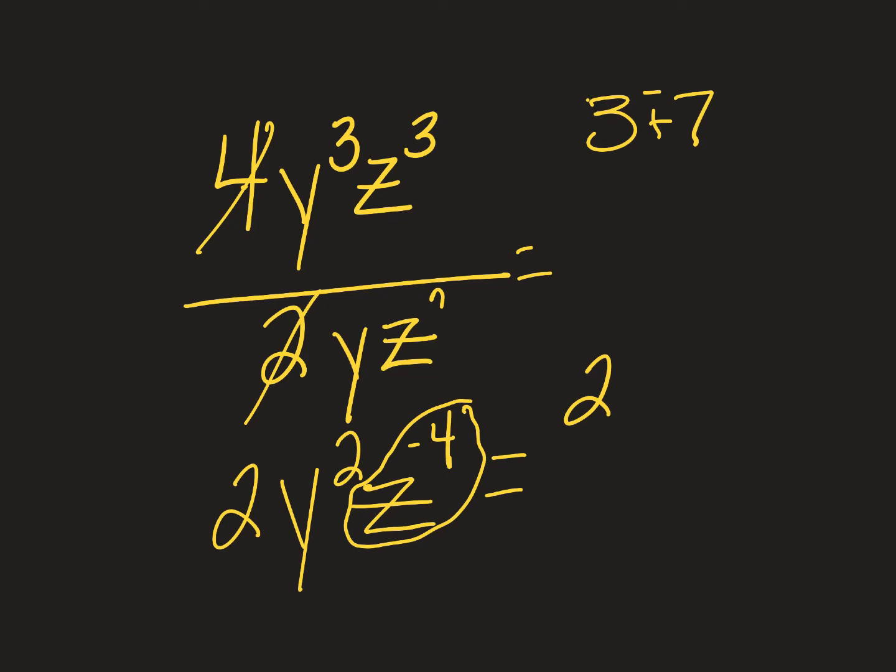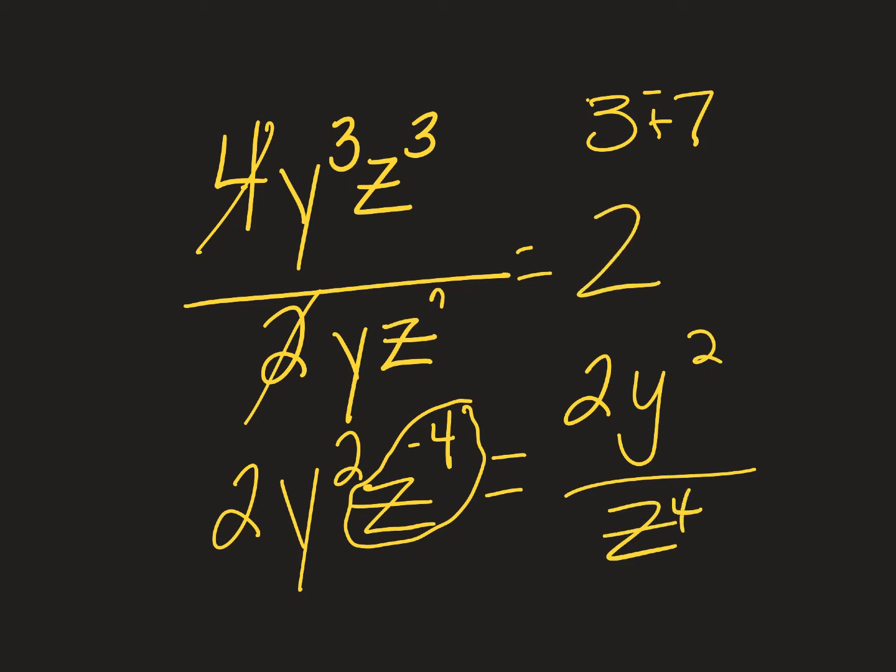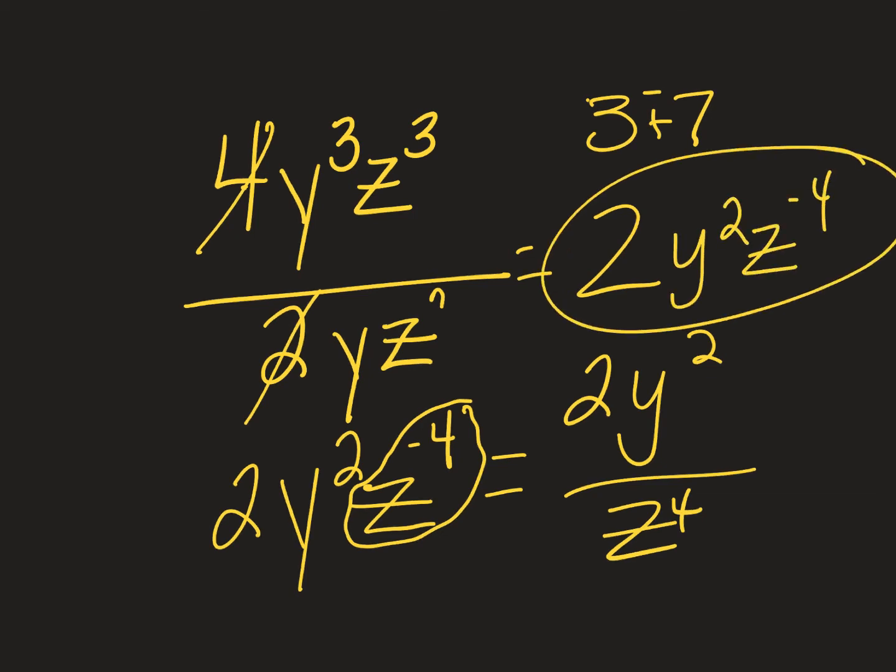You can write it that way, or you can write 2y to the second over z to the fourth. Or 2, y to the second, z to the negative fourth. There we have it. I finally got it.